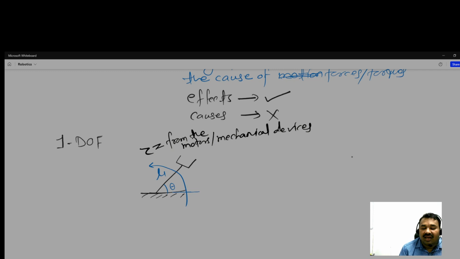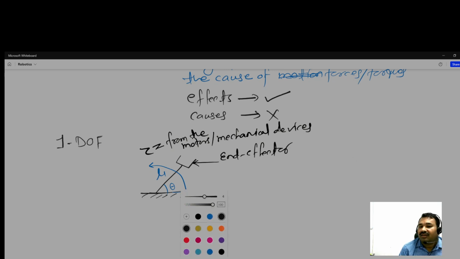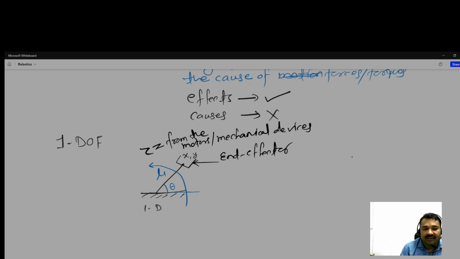And this is the robot hand, but the technical term is hand effector of the robot. Our purpose is to get now the x and y coordinates. It's a 1 degree of freedom planar robot.